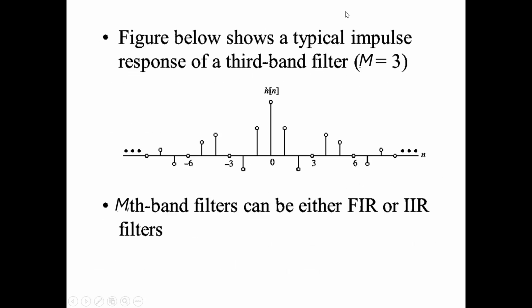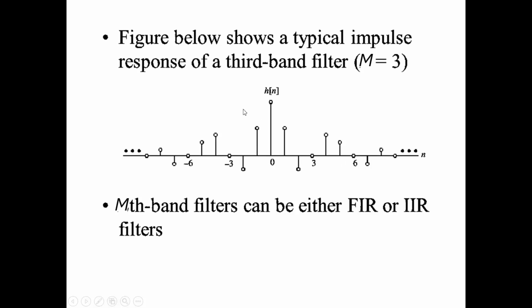Now this figure shows a typical impulse response of a third band filter where capital M equal to 3. If you see, this is the third sample, this is again the third sample, this is again the third sample from here. So these will all be zeros.